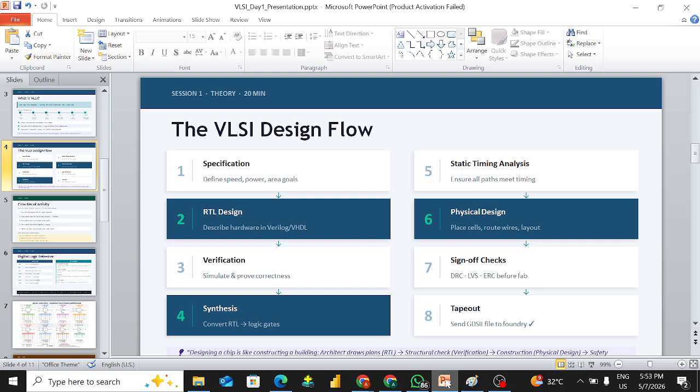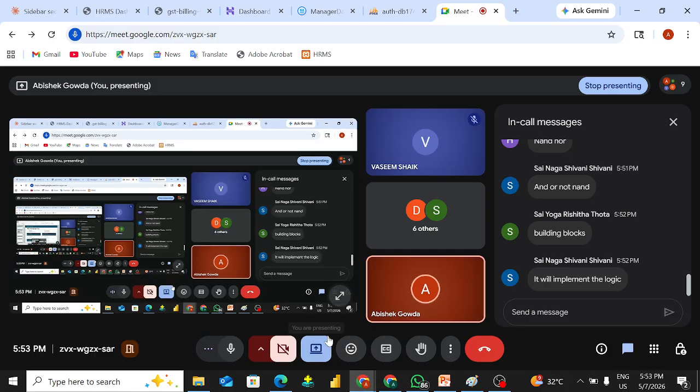For now, after some time, I'll explain how that works using some of the gates as an example. You mentioned some of the logic gates, right? NAND, NOR, AND, OR, XOR, NOT.